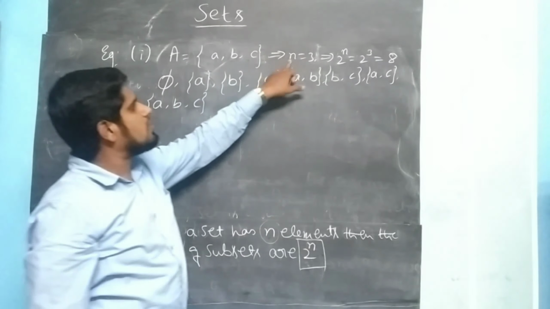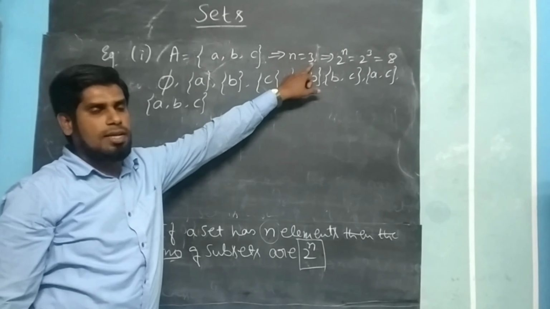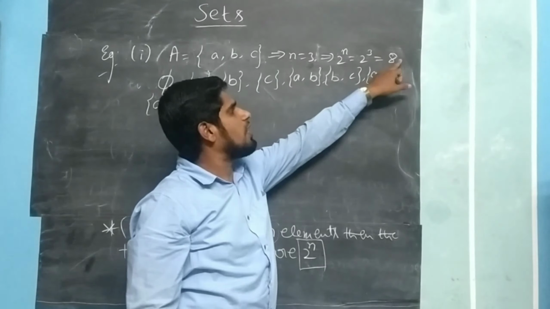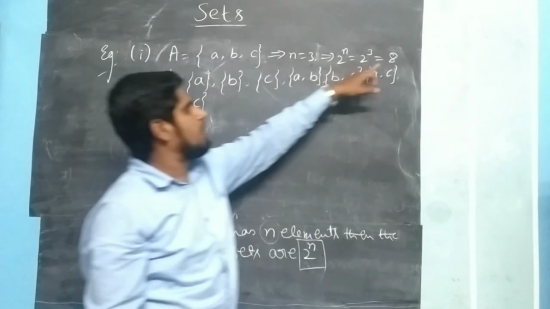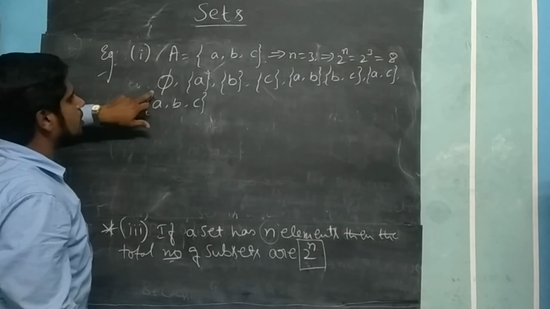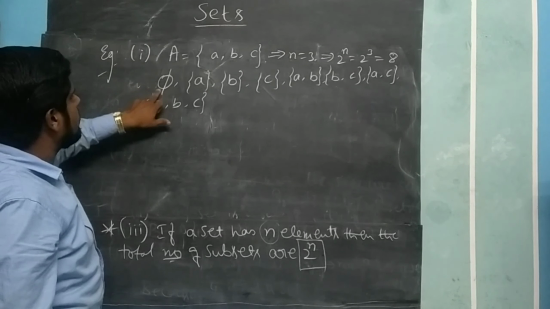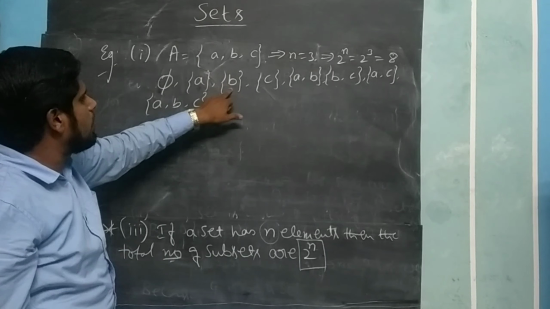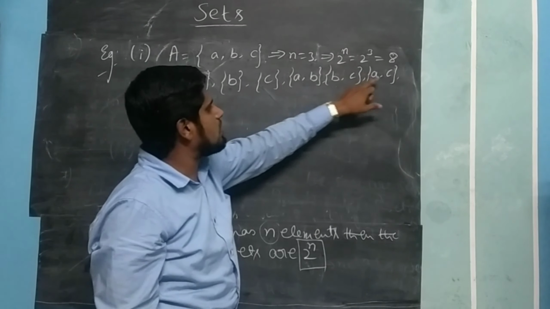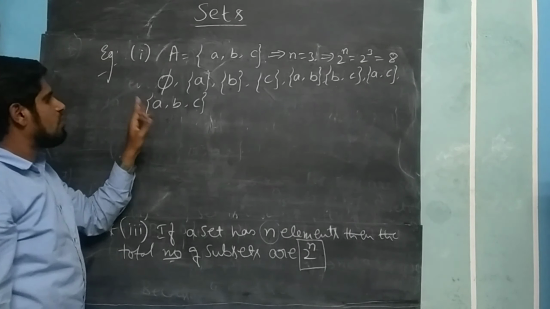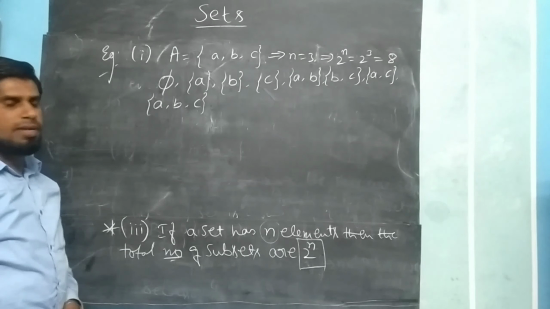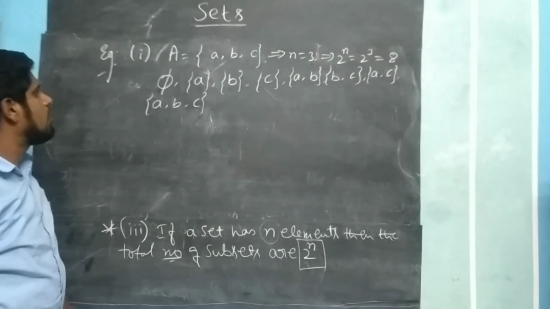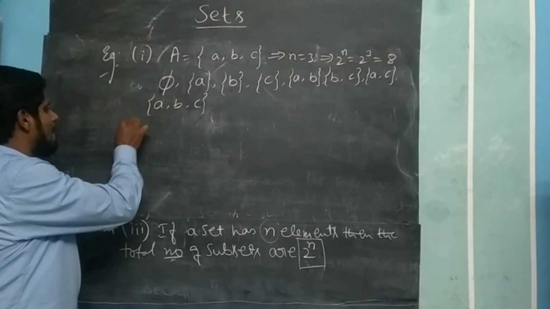So if a set has 3 elements, then the total number of subsets is 8. Let us check whether we really got 8 subsets. 1, 2, 3, 4, 5, 6, 7, 8. Yes, we really have 8 subsets. We cannot write any more. This is the last.